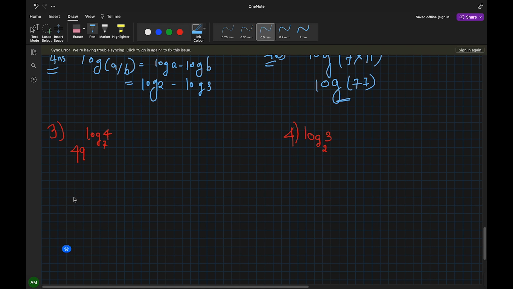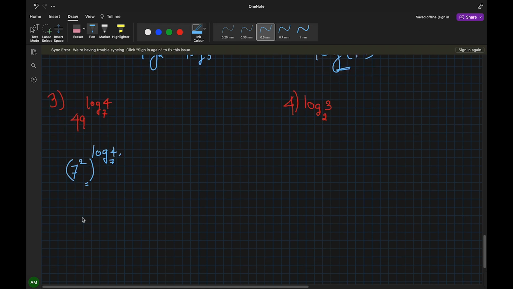49 can be written as 7 square. I will write it as log 4 base 7. 4 and 7, what I'll do, I'll exchange. 4 will come here. Now I have log of 7 square.